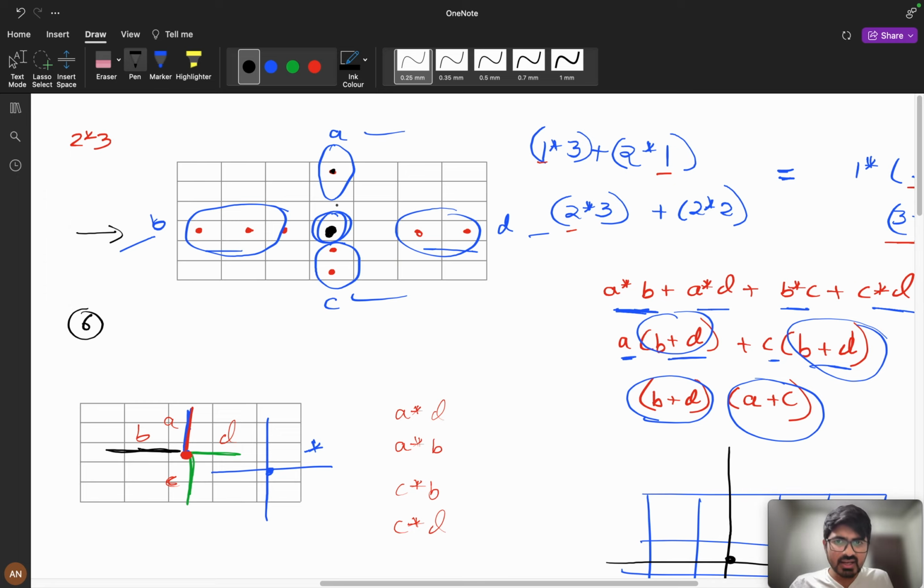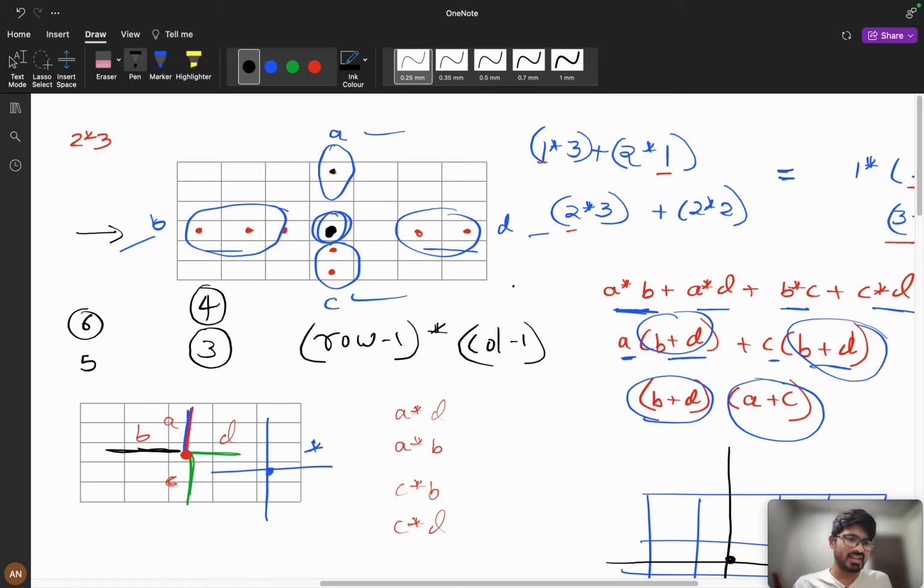The same with the column: you have 4 points, but you need to exclude one point. Here you will have 5 points in the row, and in the column you are going to have 3 points. So it will be row minus 1 into column minus 1. It's simple, right? Now I think you understood what exactly we are going to do.